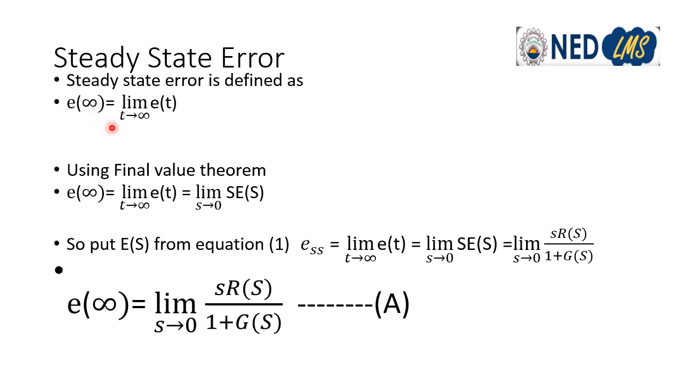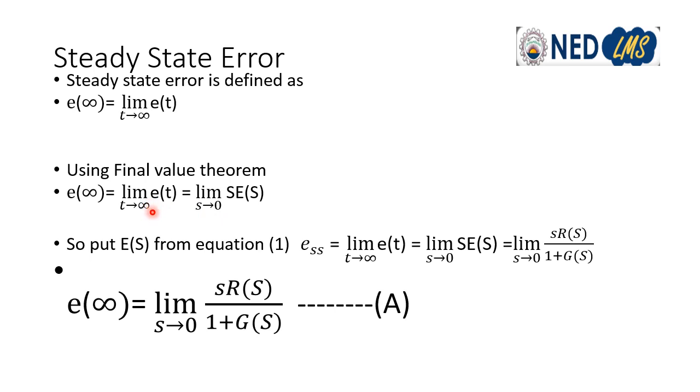If you remember, you studied the final value theorem in the Laplace transform chapter, among the properties or theorems of the Laplace transform: in the time domain, limit t tends to infinity of E(t) equals, in the S domain, limit S tends to 0 of S times E(S). This is what the final value theorem states.